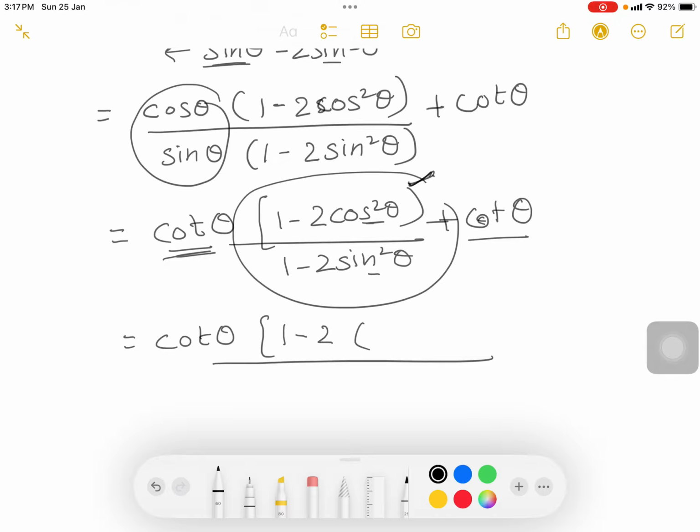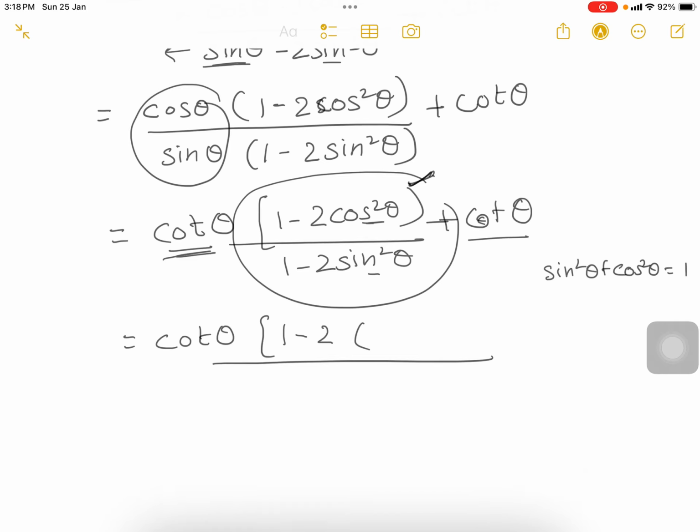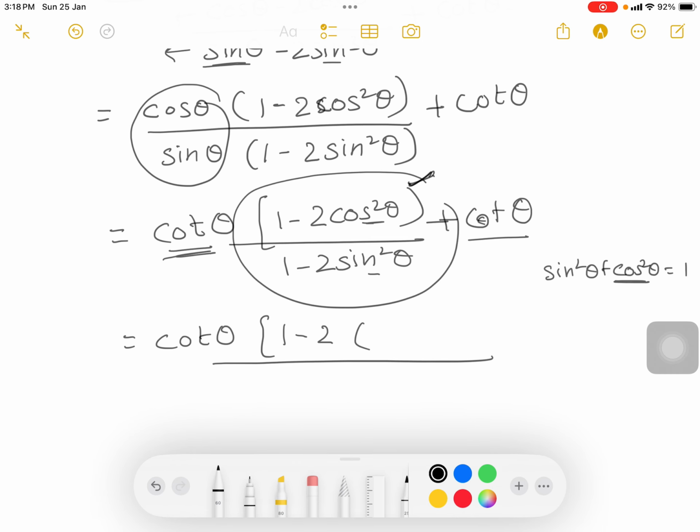Leave this 2. We know one identity, I am writing it here. Sin square theta plus cos square theta is equals to 1. So from here, if I find out the value of cos square theta, it will be 1 minus sin square theta. This identity I am going to write here.